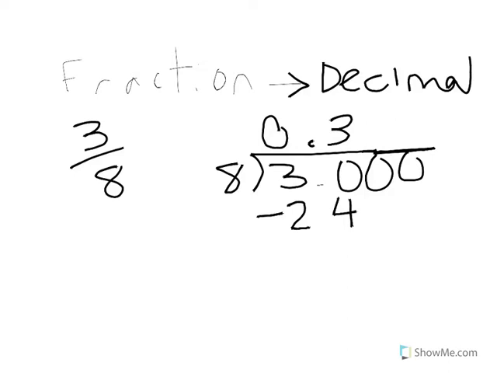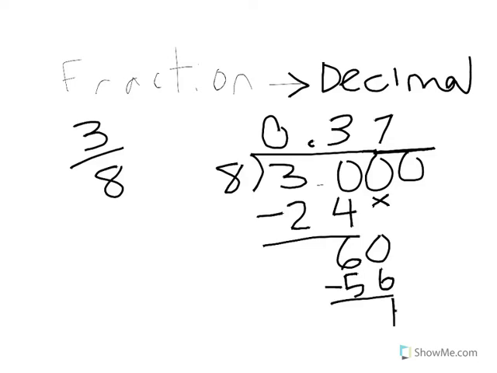Okay, so 30 minus 24 is 6, and then we bring down a 0. All right, so now 8 goes into 60 how many times? Well, it's not 8 times, because 8 times 8 is 64, so it's got to be 7. So 7 times 8 is 56, which leaves us with a remainder of 4, and we bring down the 0, and now 8 goes into 40 exactly 5 times.